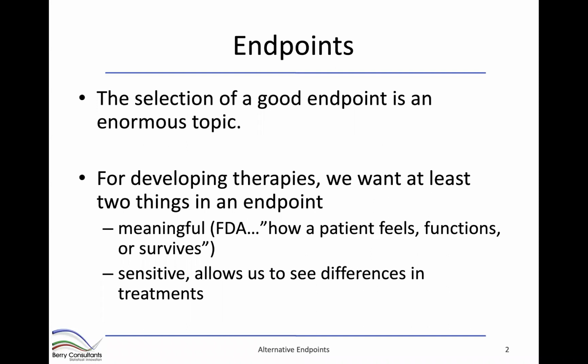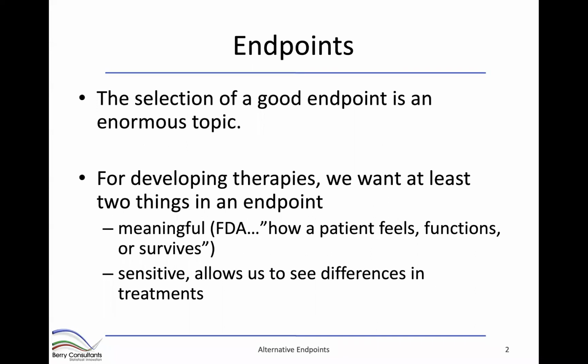But I want to talk a little bit about what kind of information endpoints contain, and how we might find endpoints that are a little more meaningful, a little more sensitive, and allow us to have smaller trials or more informative trials.